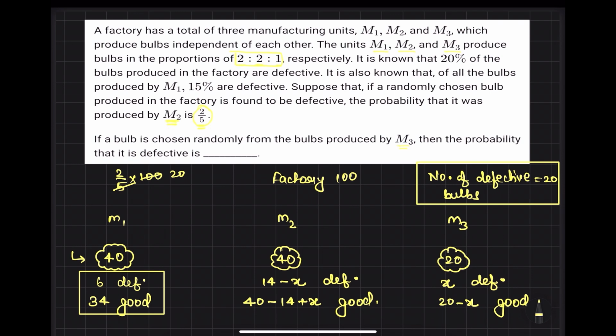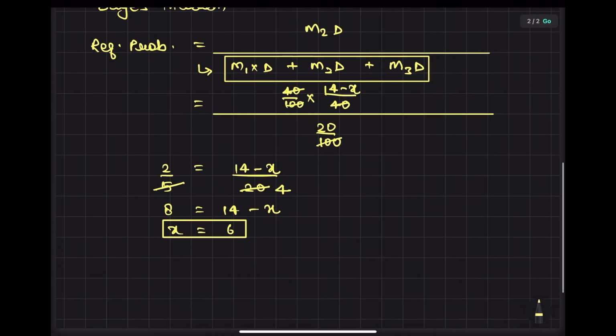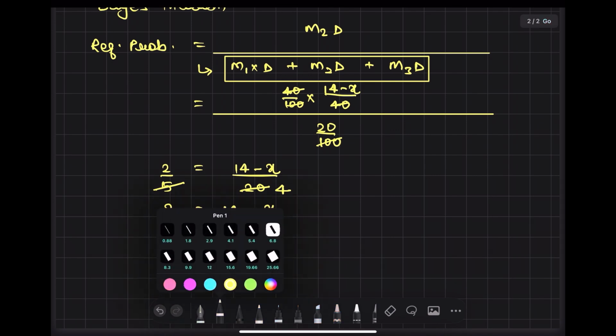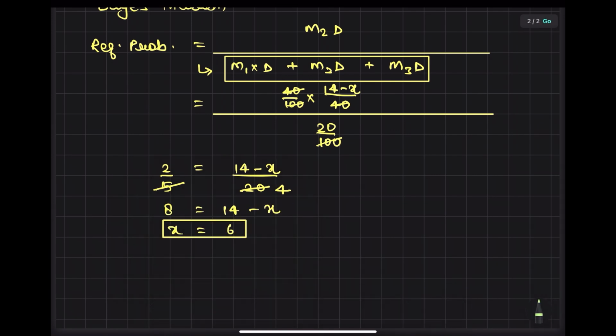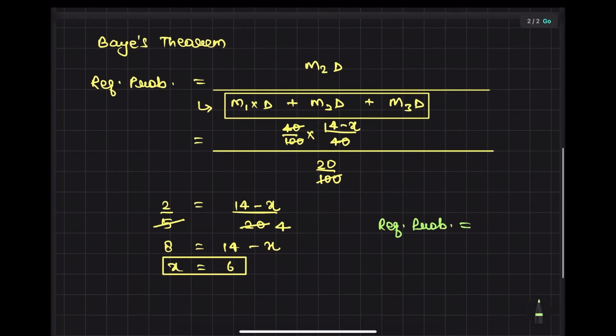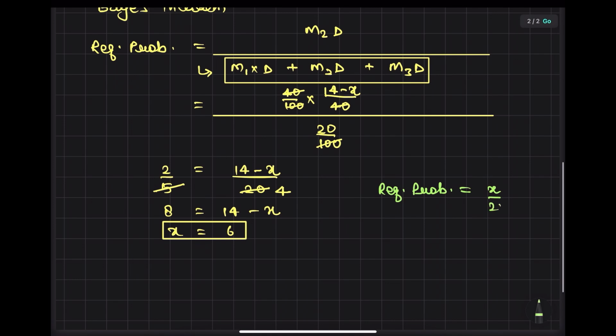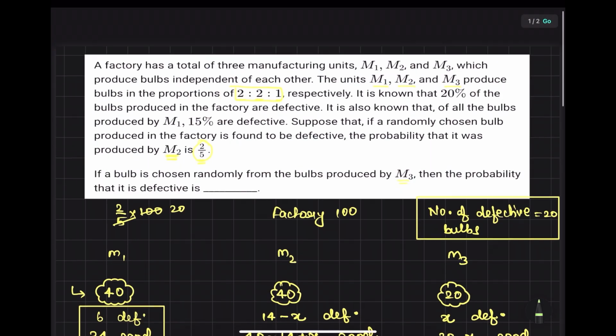So out of 20 bulbs you choose one and find the probability of it being defective. So the required probability is X by 20, and you know the value of X is 6. So 6 by 20, which is 3 by 10. So the required answer is 3 by 10.